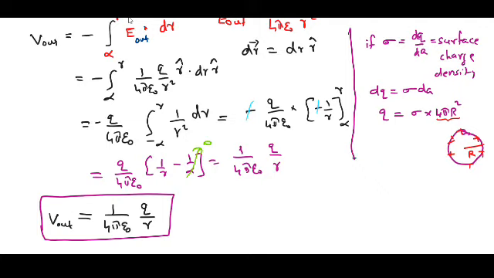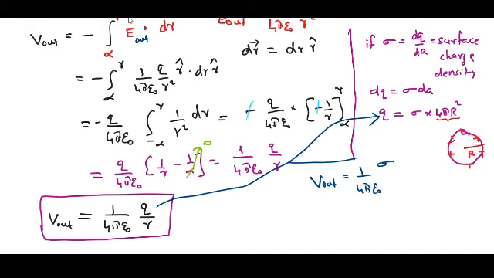Therefore, here I can write V outside is equal to 1 by 4 pi epsilon 0. Instead of this q, I substitute sigma 4 pi r square divided by small r. Here the 4 pi gets cancelled.